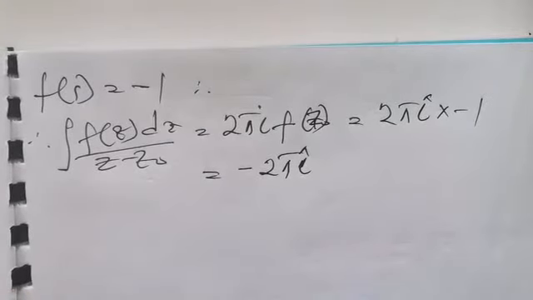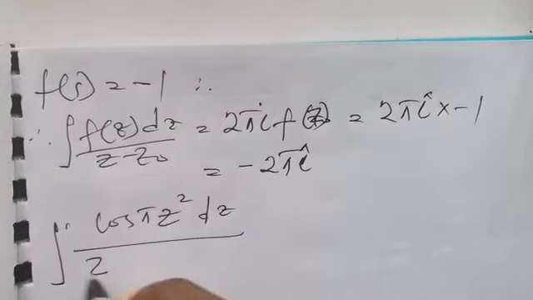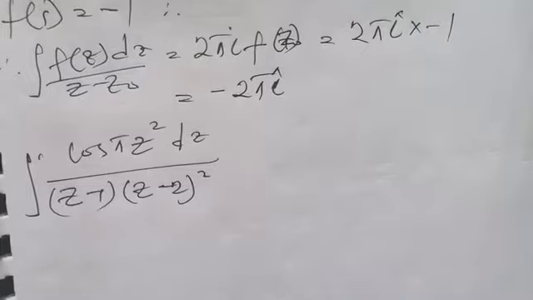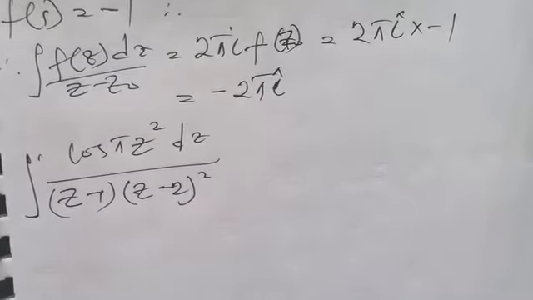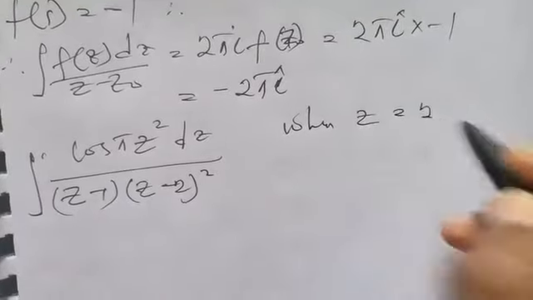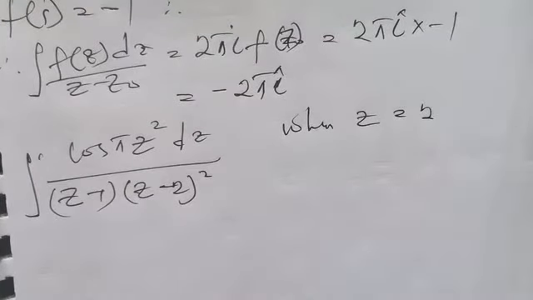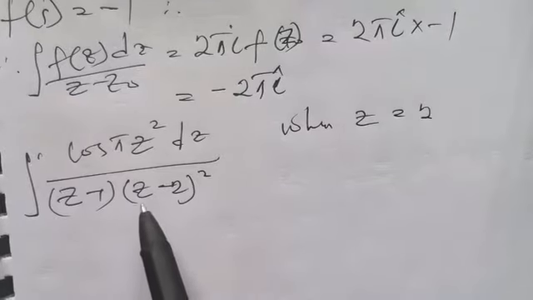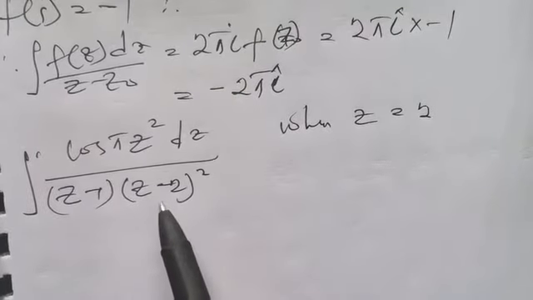Now let's fall back to our original integral. This is the original integral given to us. Now we are considering when z is equal to 2. That is now for the second pole. If you put in the value of z here as 2, 2 minus 2 becomes 0.